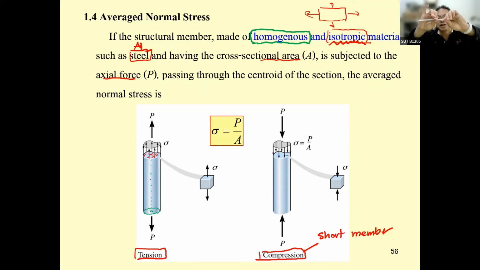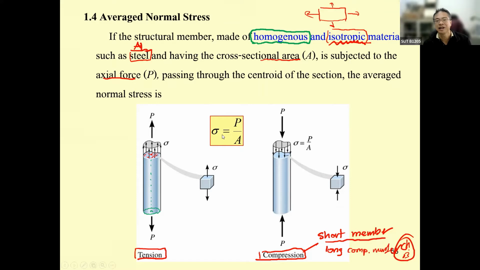If the member is short, there is no buckling. The long compression member we will study in chapter 13. So wait until then. Right now, only the short compression member is considered using this equation.